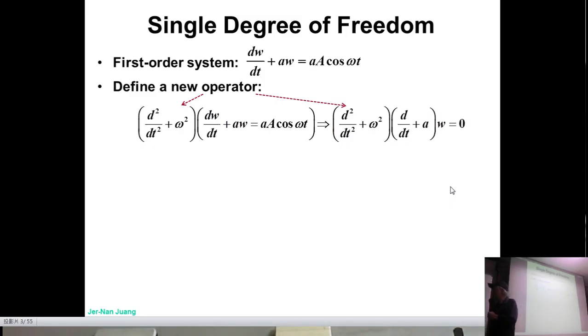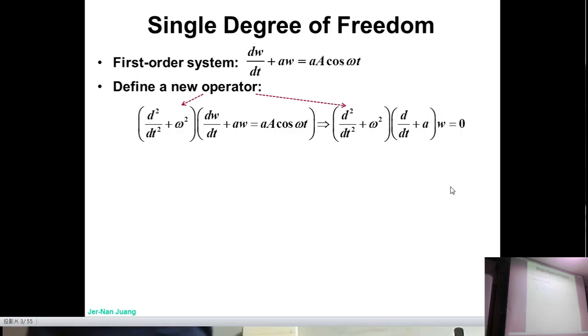Okay, now for that new operator, let me show you. I think I already showed you last week. When you operate on the right hand side of the equation with that new operator, then that will be 0.